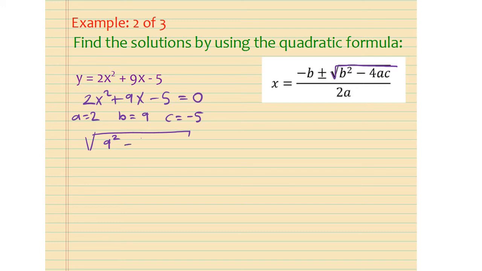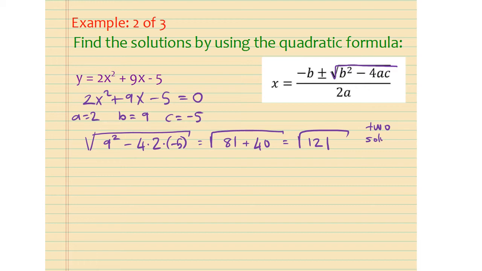That's 9 squared minus 4 times a times c, which is equal to 81 plus 40, which is equal to 121. It turns out that the square root of this is going to be 11. And we know that 121 is a positive number, so this will give us two solutions.